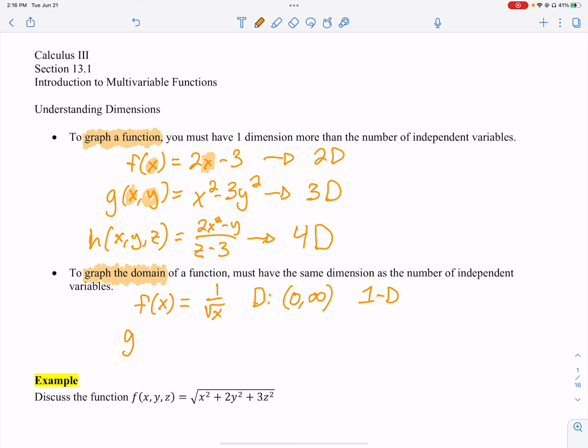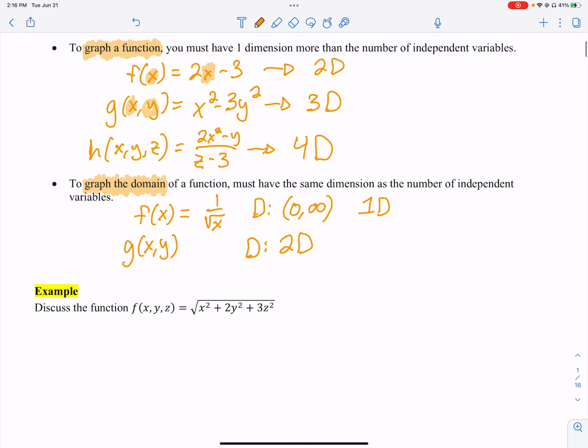Now, that extends to when we have two variables, because now we're not dealing with just some function of x, we're going to have multiple, so the domain here is going to be in 2D. Sorry for the dash there. I changed my notation in the middle. And then if we were to keep going with an h function with x, y, and z, the domain for that is going to be in 3D.